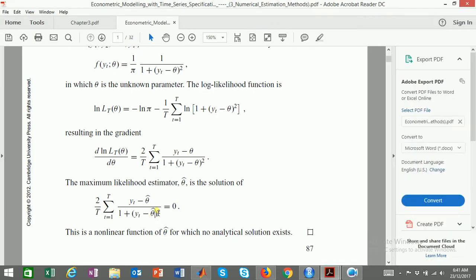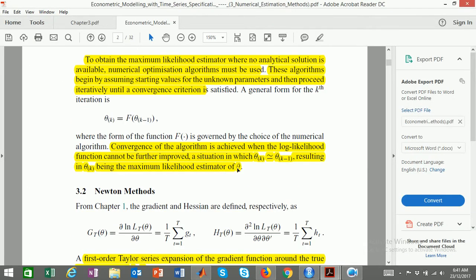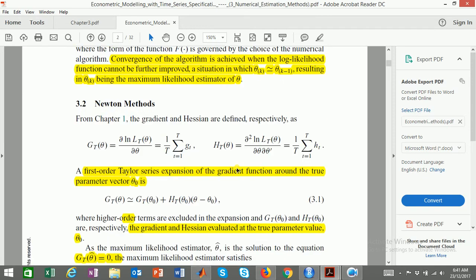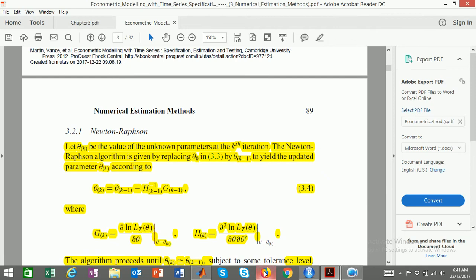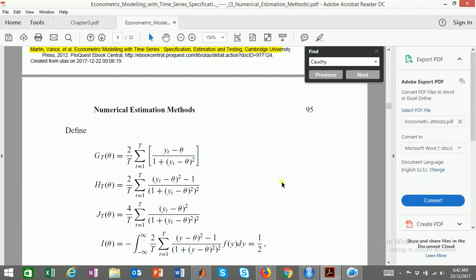And the Hessian for Cauchy, are we familiar with the Hessian? So this is the Hessian for the Cauchy distribution.